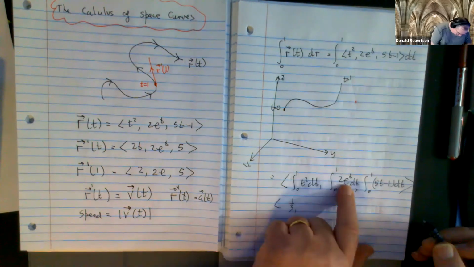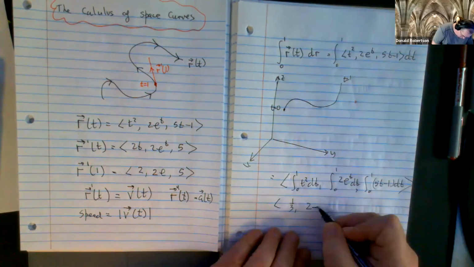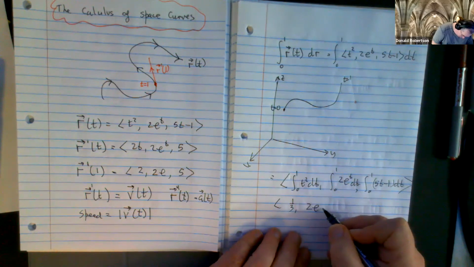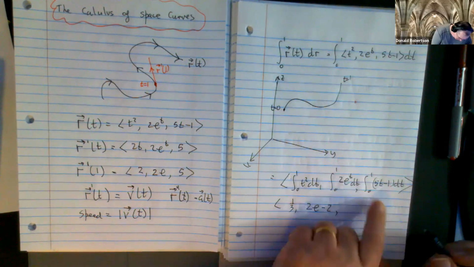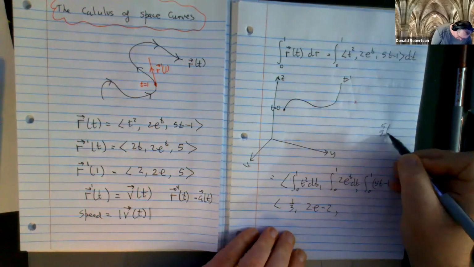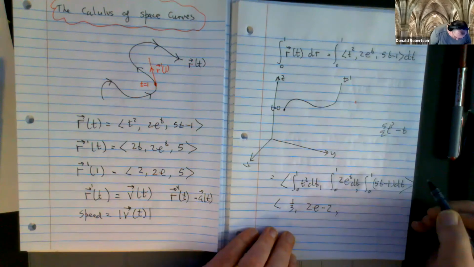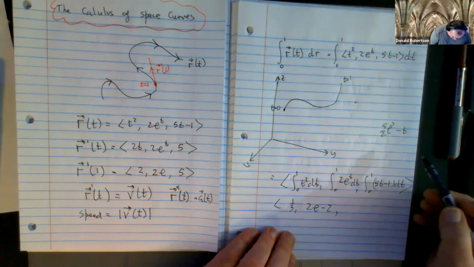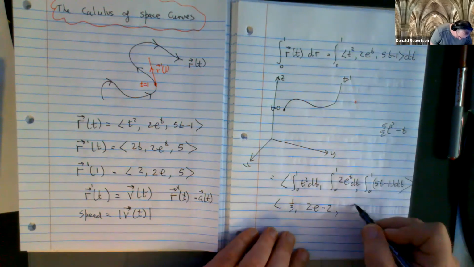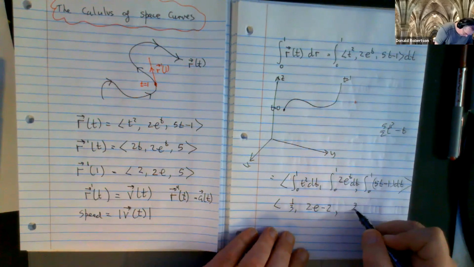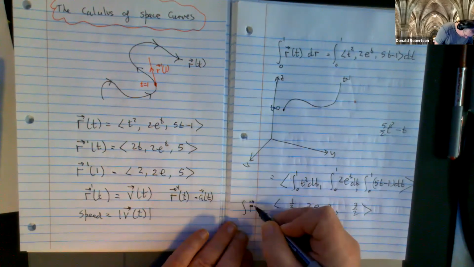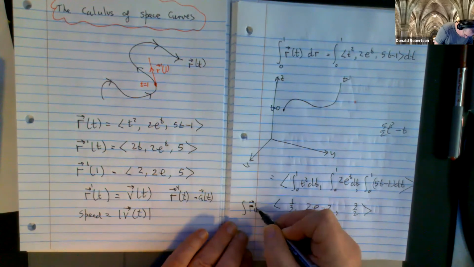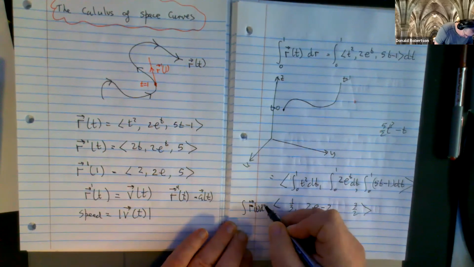That gets you 2e to the t, so it gets you 2e take away 2. And that gets you 5 halves t squared minus t. So that gets you 5 halves, take away 1, 3 halves, okay. Do you see that the answer you get is again not a number, but it's a vector?